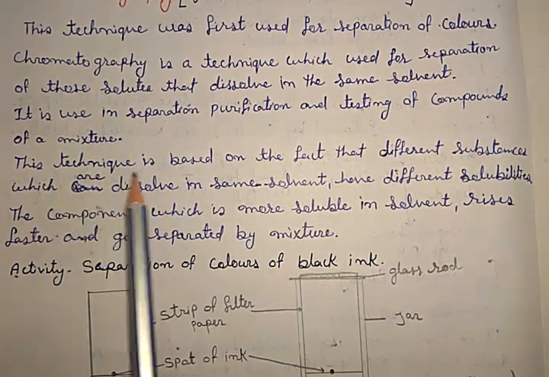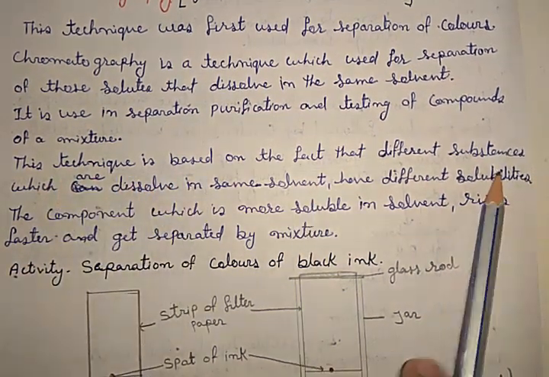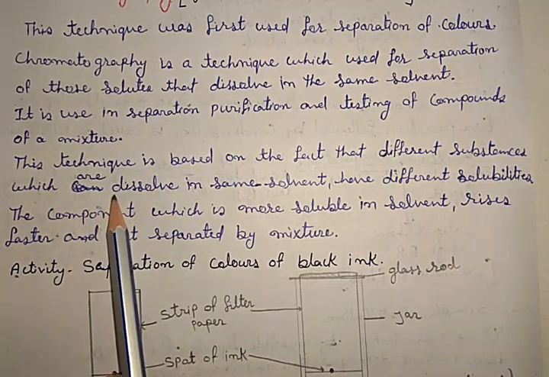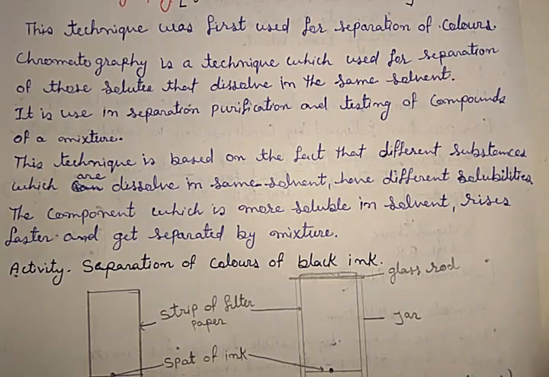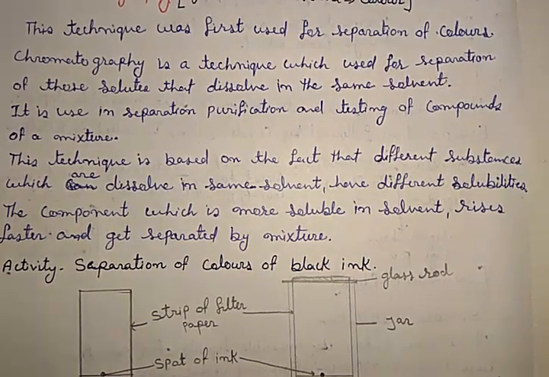This technique is based on the fact that different substances which are dissolved in the same solvent have different solubilities. That means one of the substances can dissolve easily and rapidly, while the other dissolves slowly. One dissolves with fast speed, while the second with slow speed. Clear?